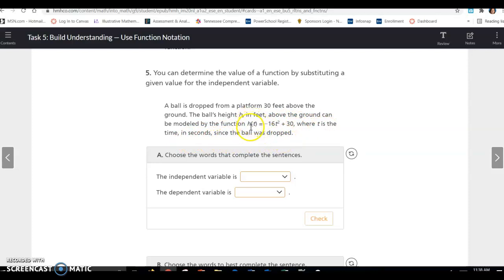So h of t represents your height, and t represents time in seconds. So the independent variable is time, so that would be t, and the dependent variable is h, or height.